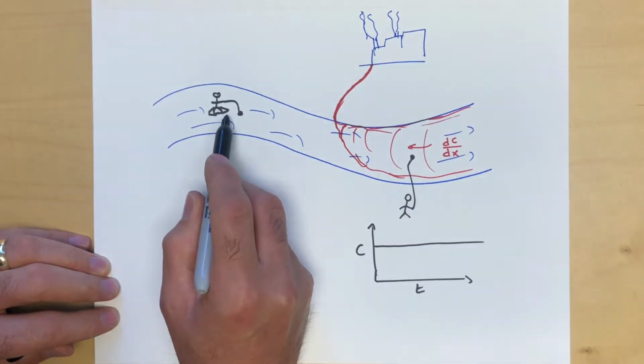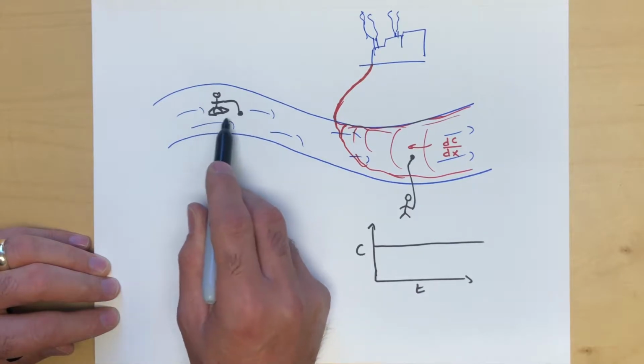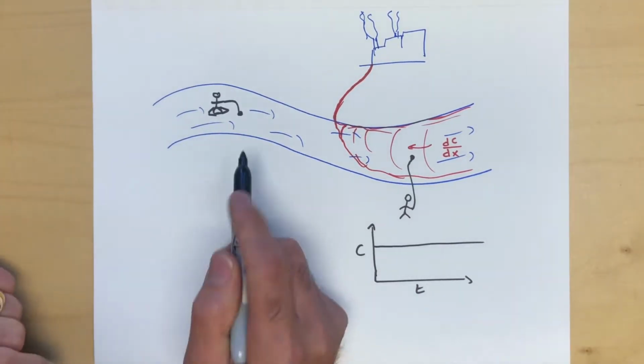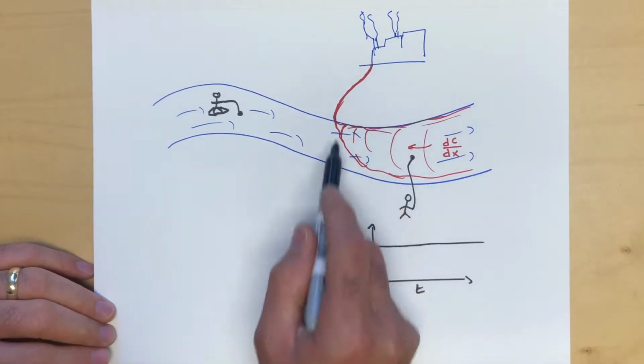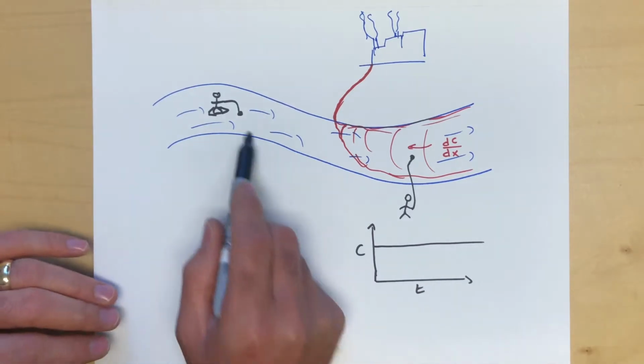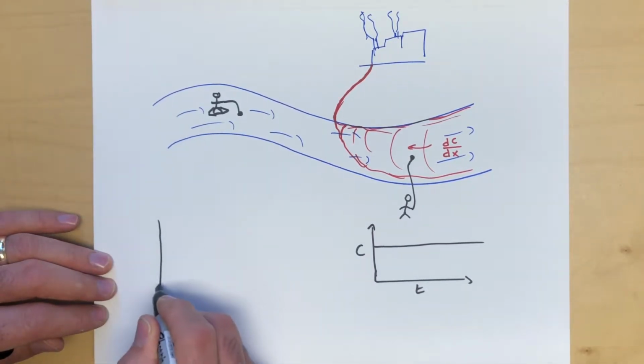As they go through the river, they're following the same velocity as the river. As they approach the region of the concentration, they're going to start measuring concentration. But over here, they're not going to measure anything. So initially, this is what this is going to look like.